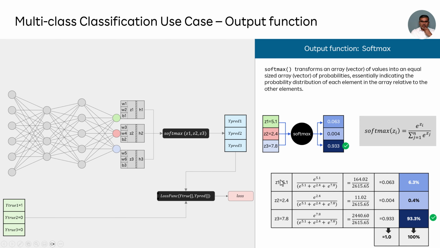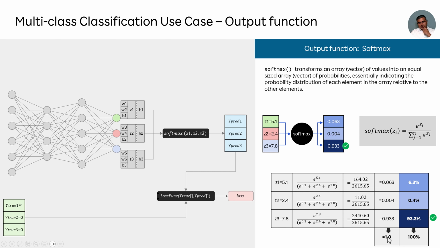Okay, so again, let's just look at the calculation here. e to the 5.1, because it's the first neuron here, divided by e to the 5.1 plus e to the 2.4 plus e to the 7.8, the sum of this one, and it is 0.063. For the second one, it is e to the 2.4 divided by the sum of all of that, it's 0.004. Third one is e to the 7.8, divided by the whole value, and it is 0.933. So if you add up all these values, whatever comes out of the softmax, it comes down to 1.